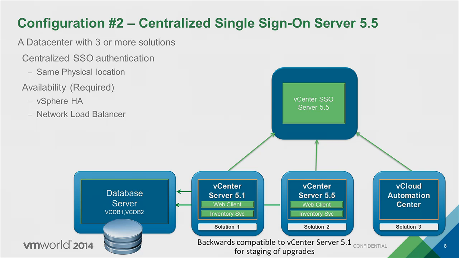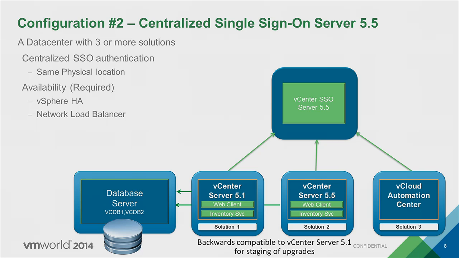So 3 or more. You could still do embedded. Embedded is supported up to 8 SSO instances in that extended domain. But if you have 3 or more in a physical location, the key point is physical boundaries, this is the architecture that would be the best fit at that point. Okay? The key, though, is what happens when that SSO server goes down. It looks like it is a single point of failure at this point. We have to make it available. Now, it can be as simple as HA.